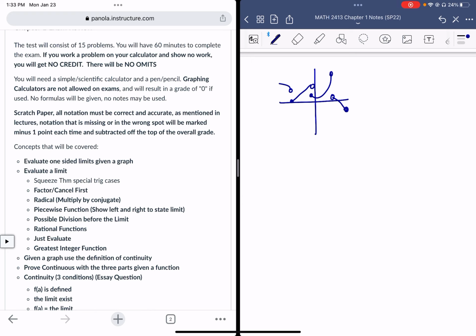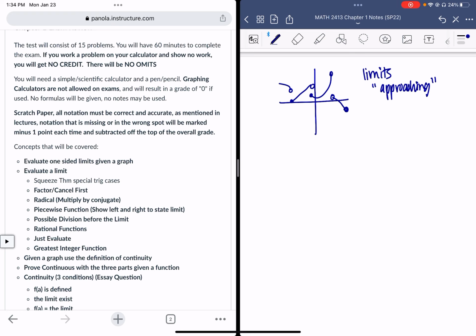Remember, the big idea with limits as you're working them is what the function is approaching, not necessarily where it evaluates. They could be the same, but again, think approaching.